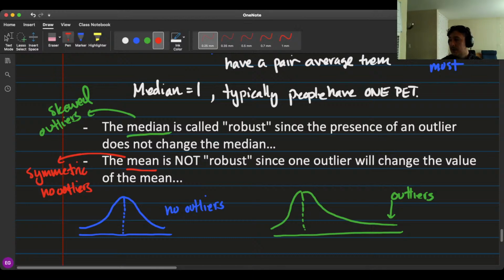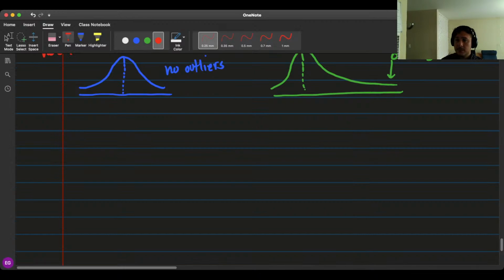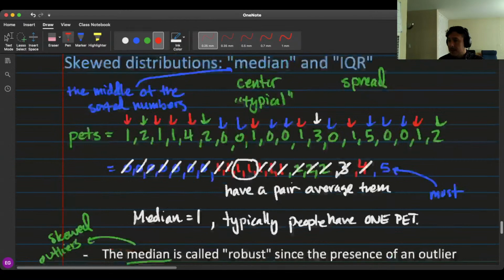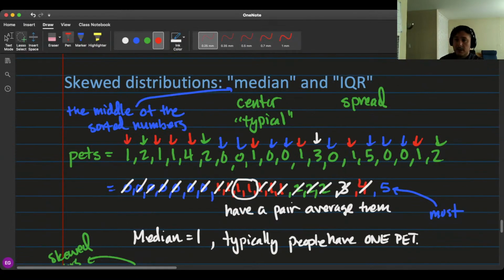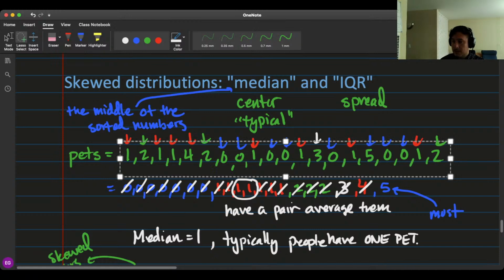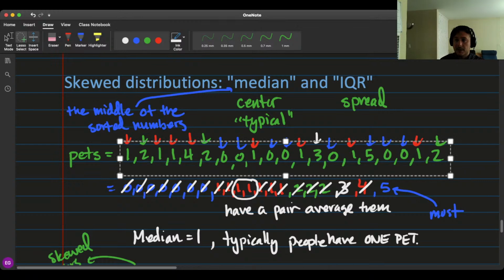Okay, cool. So let's talk about the IQR now. So let's copy these numbers. We need these numbers again. Wait, that's not what I wanted to do.